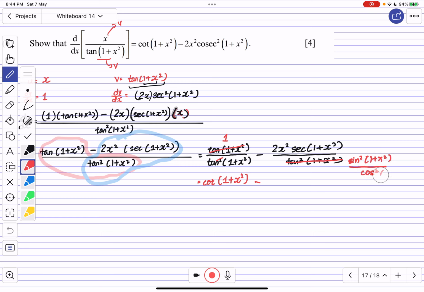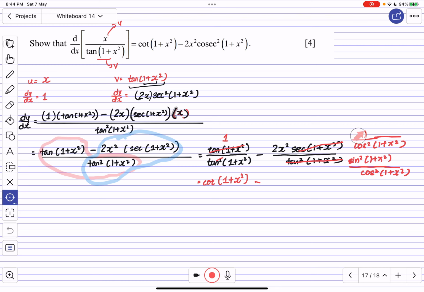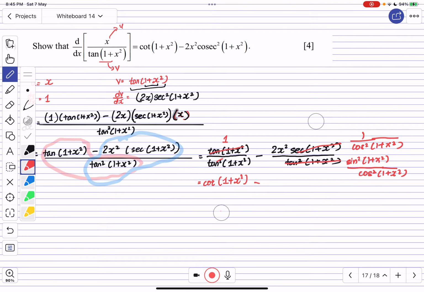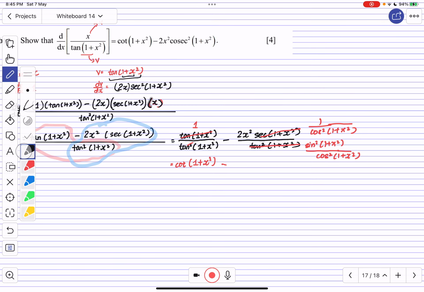Similarly, I will change the numerator, secant squared, into 1 over cosine squared. Now you see that both the top and the bottom have a common denominator, so I can just cancel it out for both of them. What you're left with is 2x² at the top, and sin²(1 + x²) at the bottom.